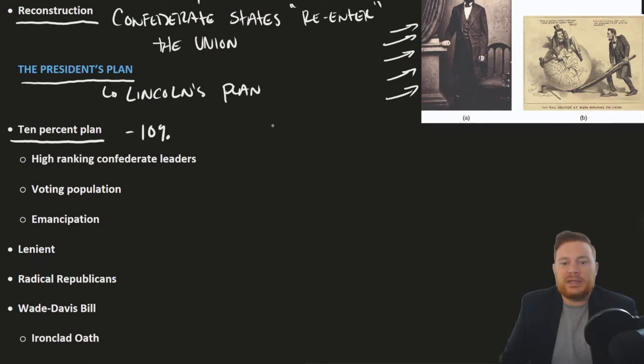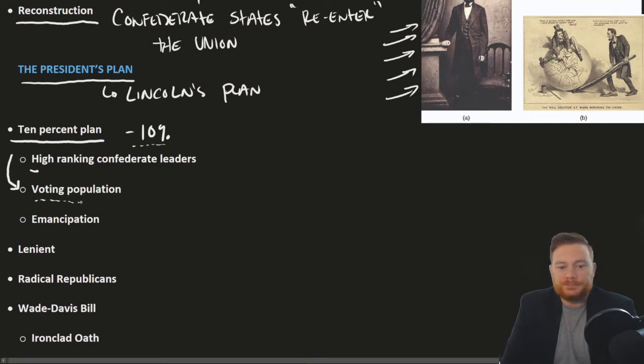According to his plan, and this is what the 10% refers to, Lincoln required that 10% of the voting population take an oath of allegiance.